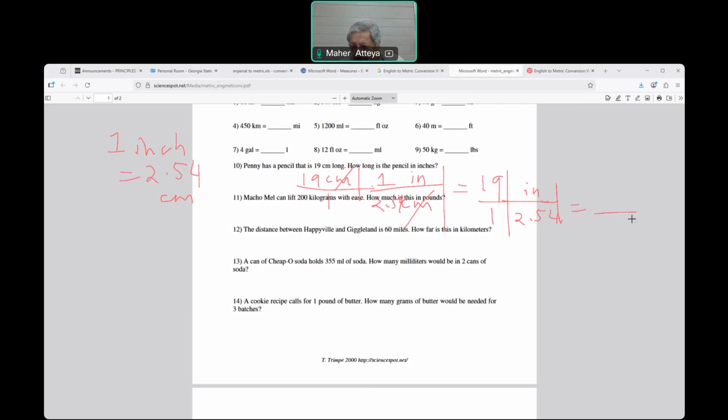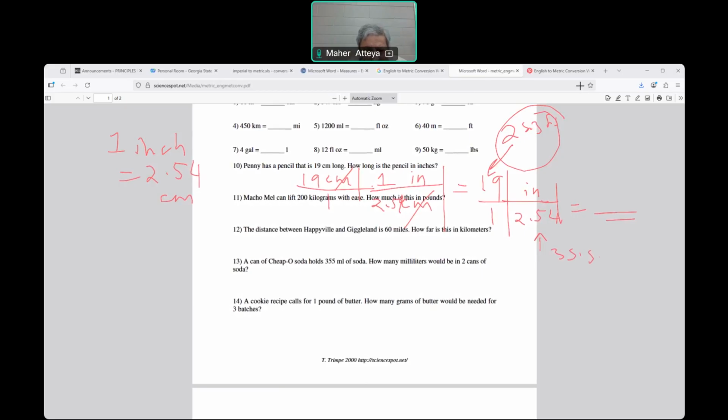The answer has to be rounded to 2 sig figs, because 19 has 2 sig figs and 2.54 has 3 sig figs, and we take the smallest one. As I said, I can't use the calculator here, it does not allow me to. Anyway, this is the first one.